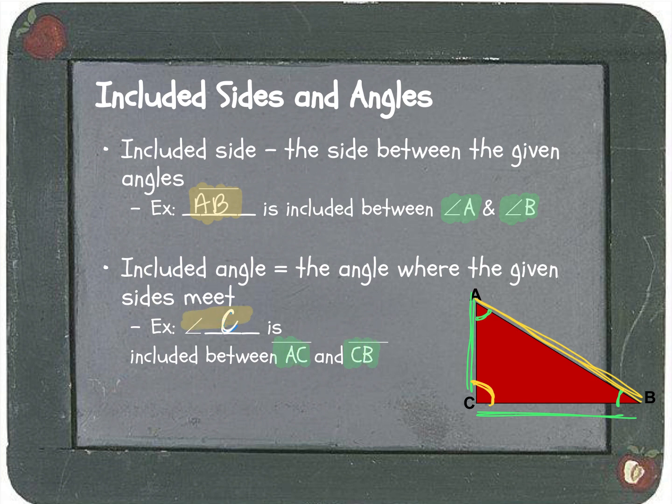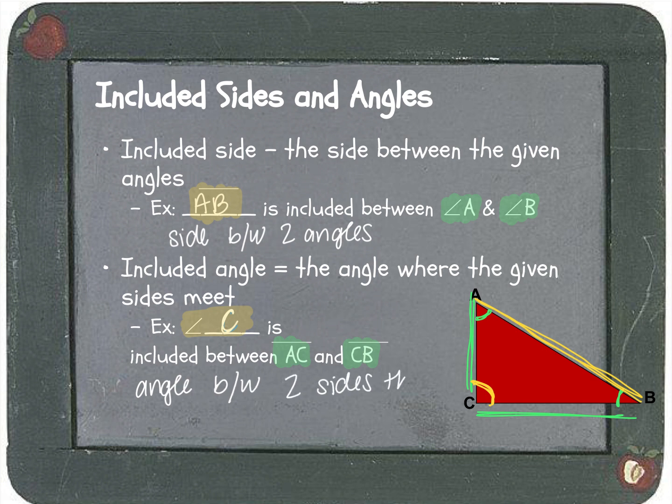Okay, so now we know included sides and included angles. This one is basically a side between two angles, and this one is an angle between two sides that make an angle.